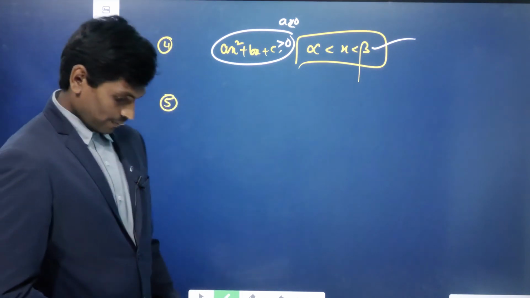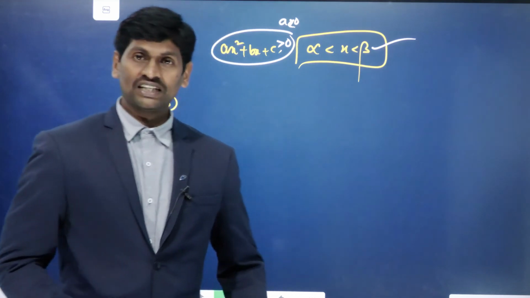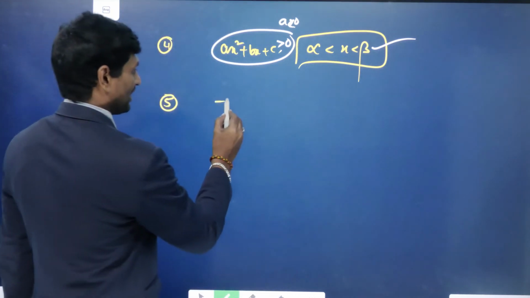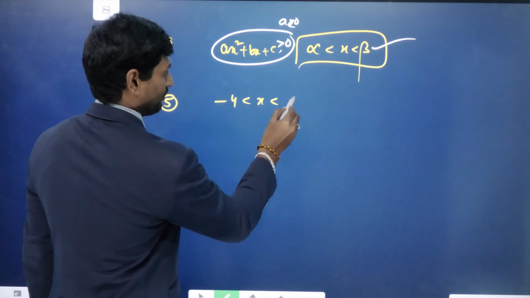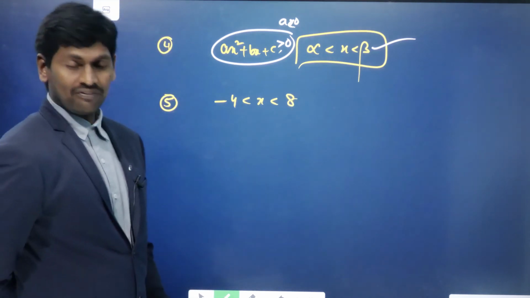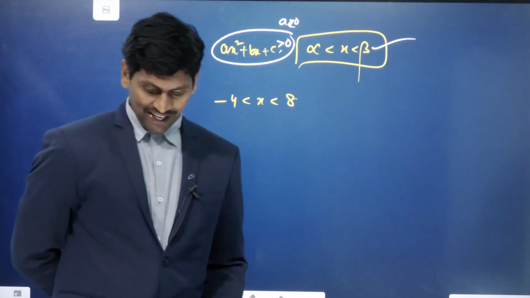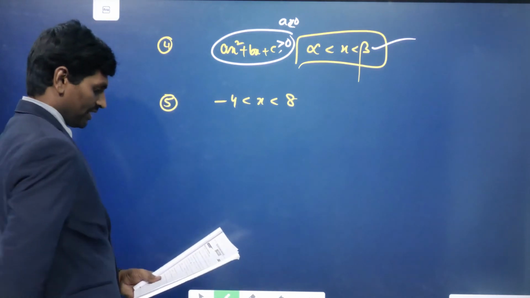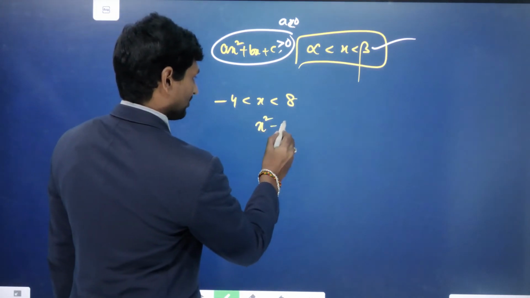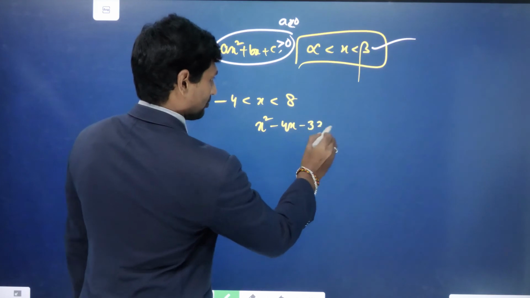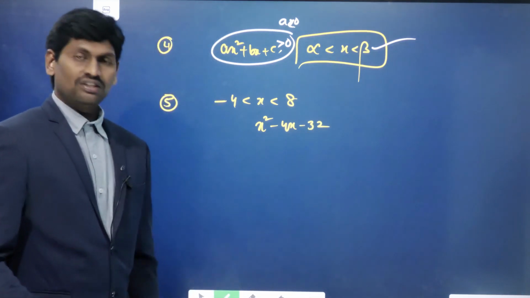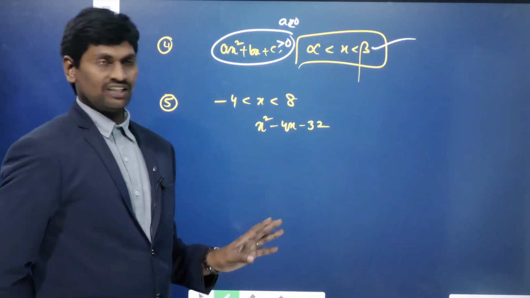Question number 5. Check here, minus 4 less than x less than 8. That means x is between the roots alpha and beta. Then the value of x square minus 4x minus 32. Just apply the condition.